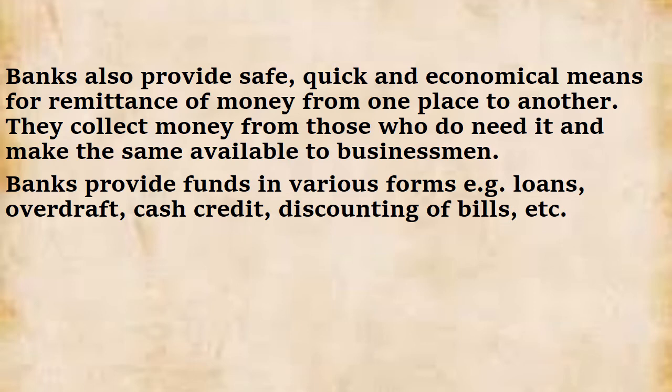It is generally sanctioned for 1 year, but it may go up to 3 years, and the interest is charged only on the amount withdrawn by the customer, not on the total amount sanctioned. So if 1 crore is sanctioned for 1 year or 3 years, the interest will be charged on the amount that you keep on withdrawing.